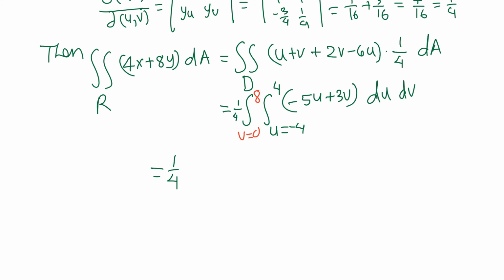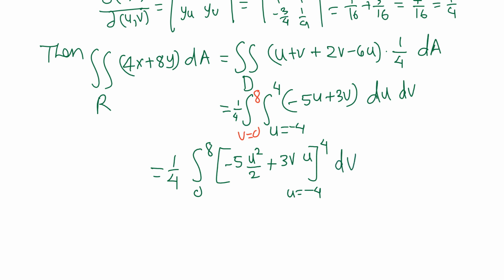1/4 outside, v from 0 to 8. Let's integrate inside: the antiderivative with respect to u is -5u squared over 2, plus 3v is constant, so 3vu, from u equals -4 to 4, dv.